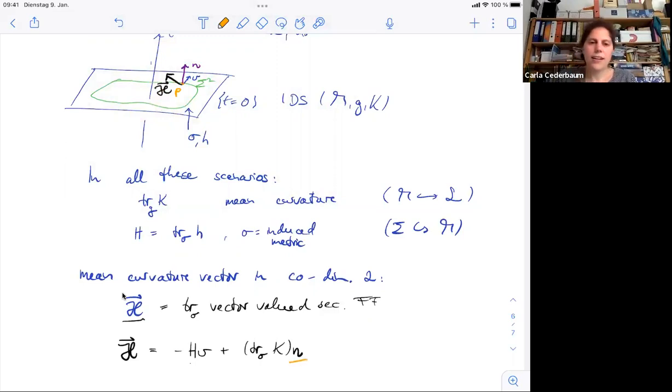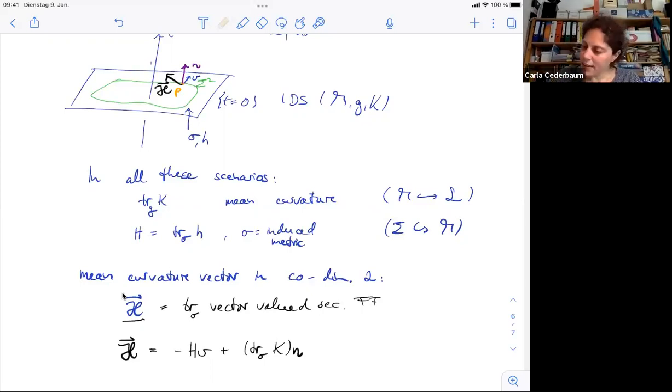N, I told you, is the space-time normal to the initial data set at this point. And the remaining term, trace sigma k, is the trace of the k here, the second fundamental form of the initial data set inside the space-time, but only tracing the part tangential to the 2-dimensional surface being considered. Okay. So this is what this mean curvature vector is.